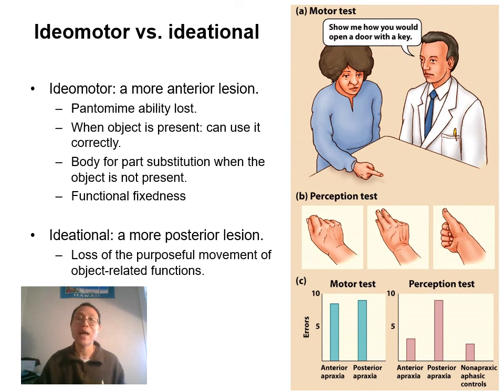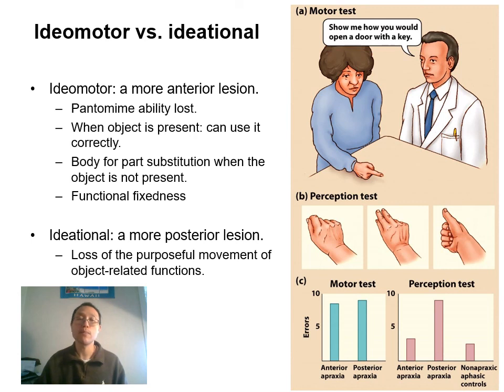Because this memory aspect is gone, not having the object there really hampers the person's ability to perform internally driven guided movements. So when the object is not there, they cannot do this correctly, because they don't have the help coming from the external loop that is more sensory modality guided.